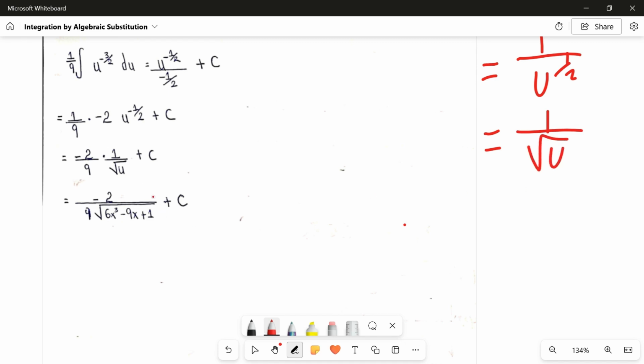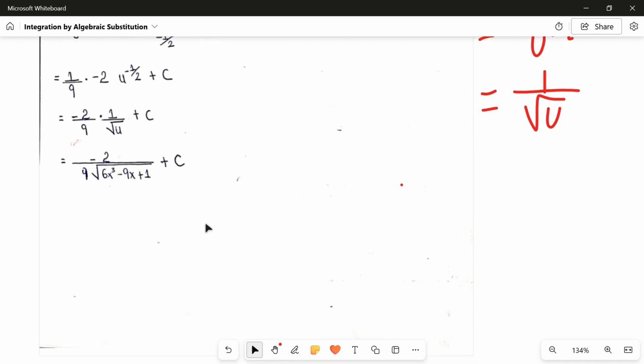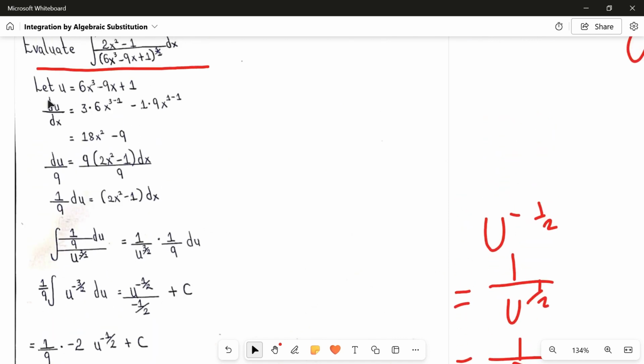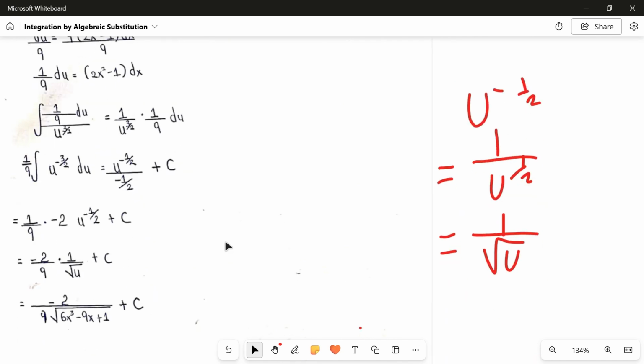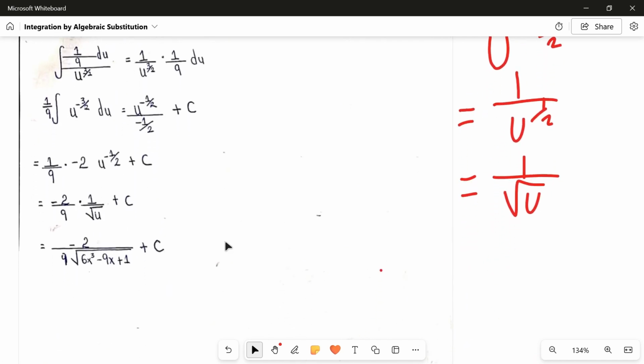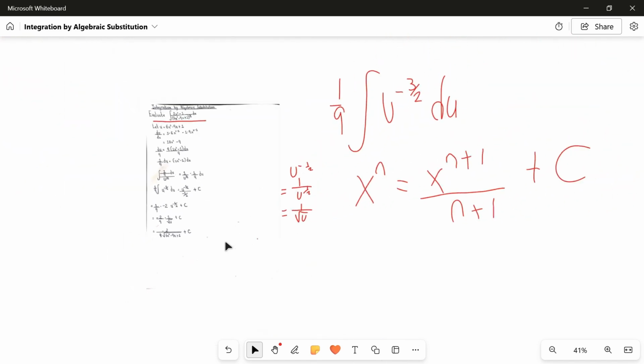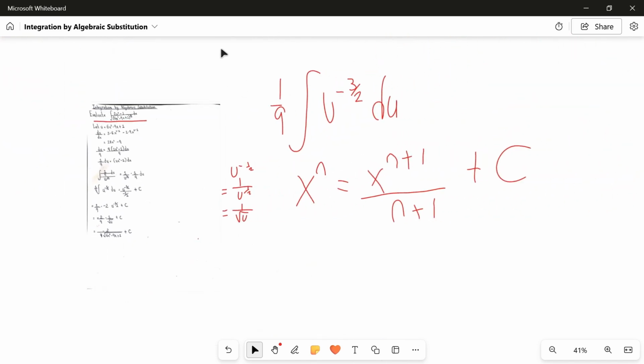Okay, so the new value will be negative 2 over 9 multiplied by 1 over the square root of u plus c. And remember, what was our u? Our u was 6x cubed minus 9x plus 1. So the final step will be replacing u with its original value.